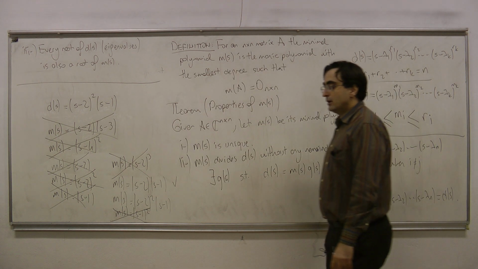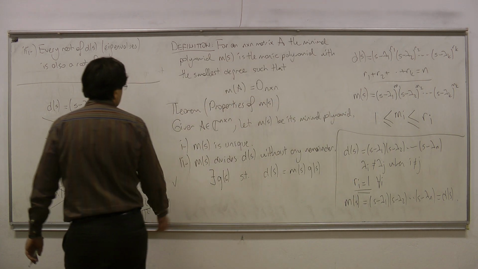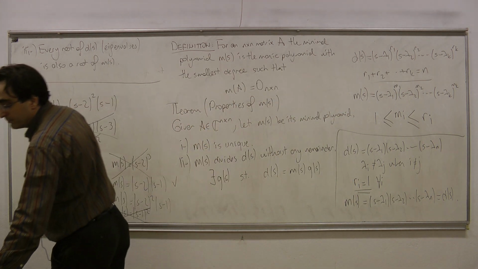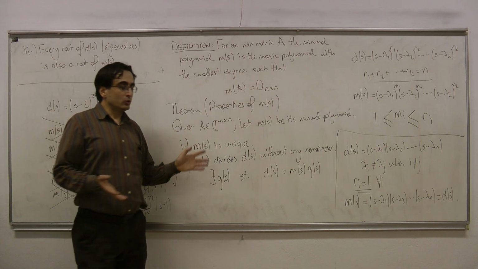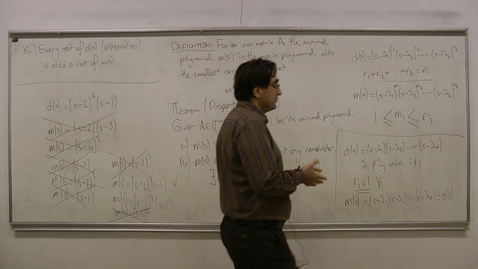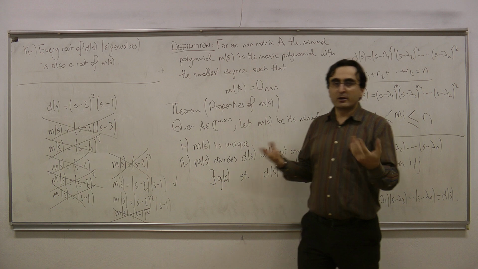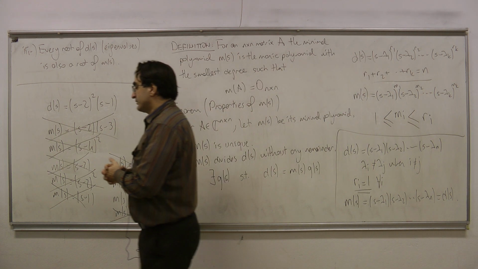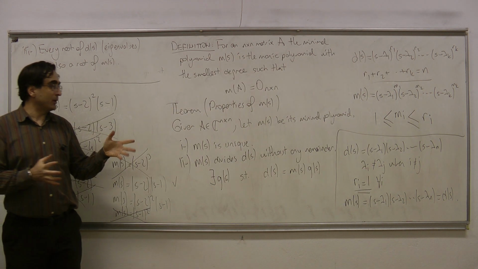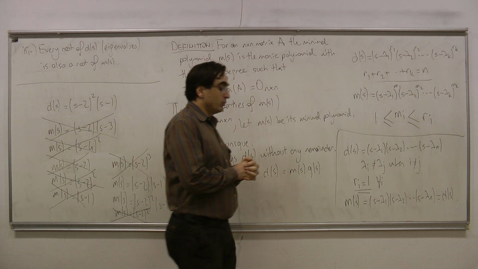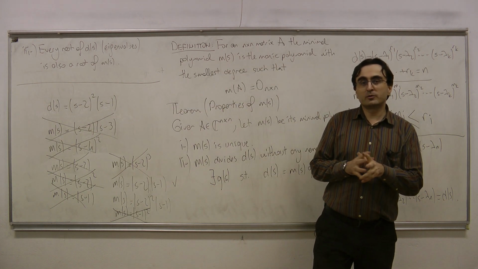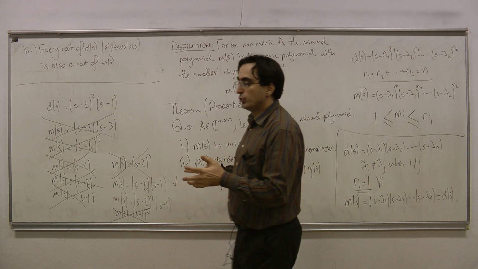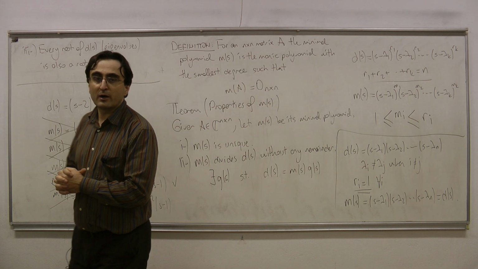Okay, that is an important fact coming from the properties of the minimal polynomial. So we are going to prove these properties of the minimal polynomial, because it is going to give us interesting ideas about the minimal polynomial, and also there are going to be nice exercises in proving some properties.